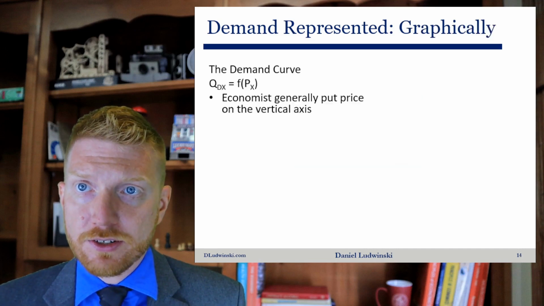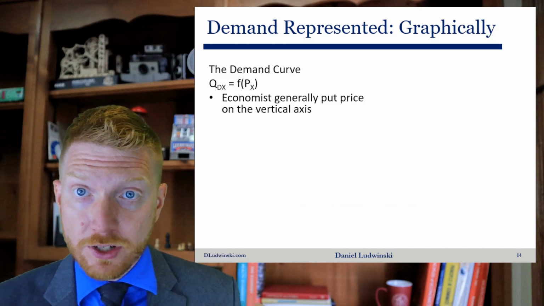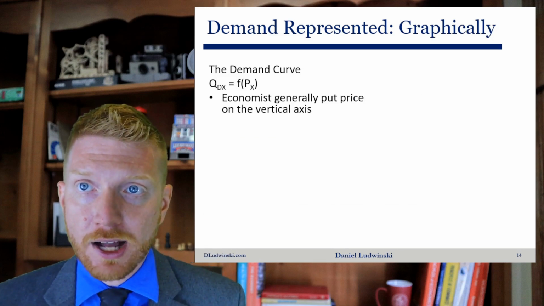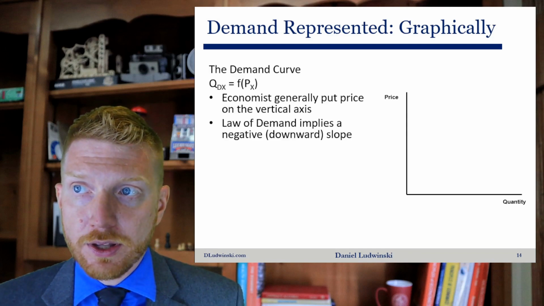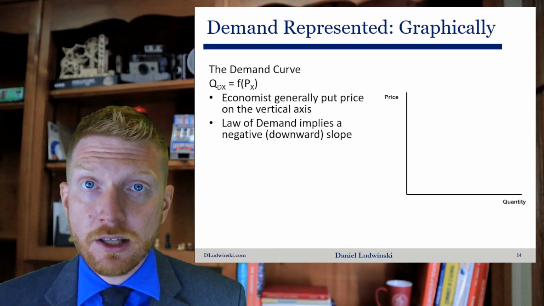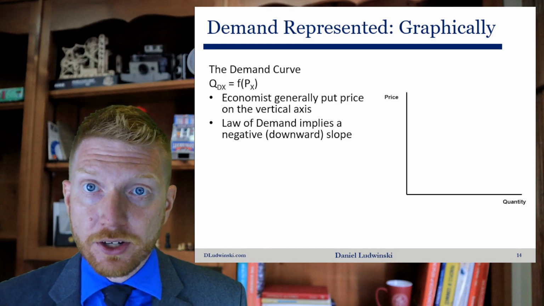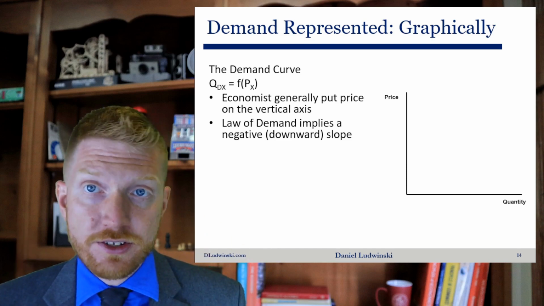The second way is to do this graphically. We can show price and quantity on two different axes and represent it with a two-dimensional graph. Generally speaking, we put price on the vertical axis and quantity on the horizontal axis. The law of demand implies that our demand curve, our relationship shown in these two dimensions, is downward sloping.